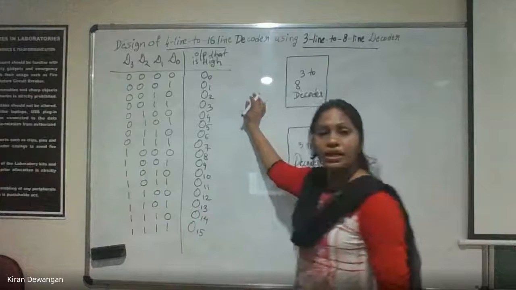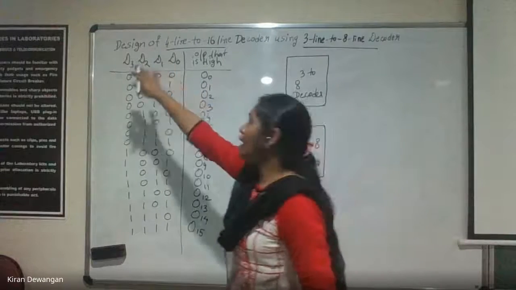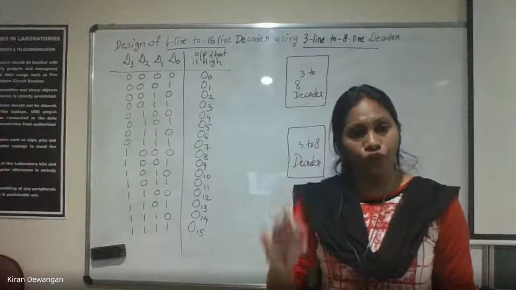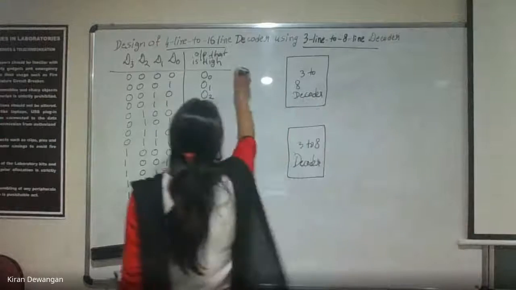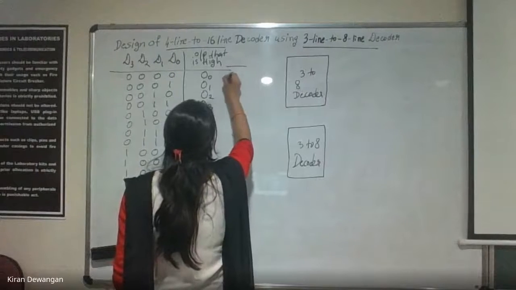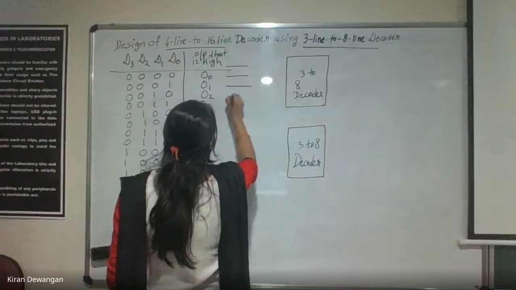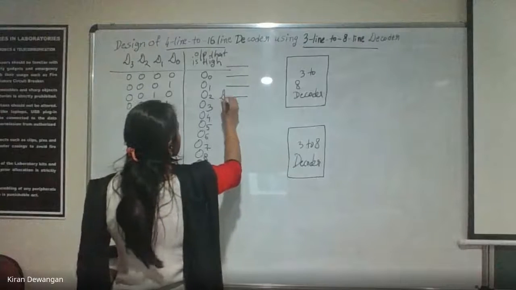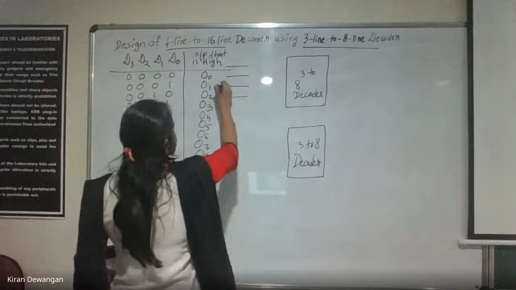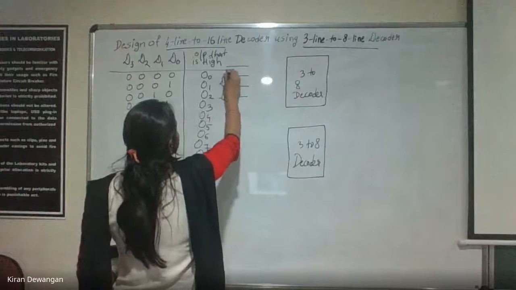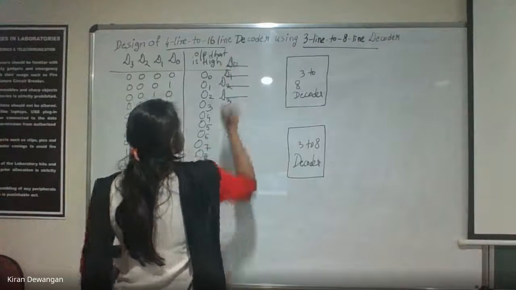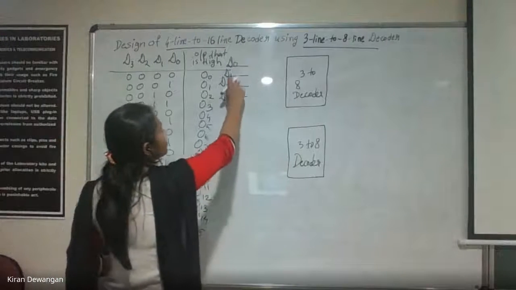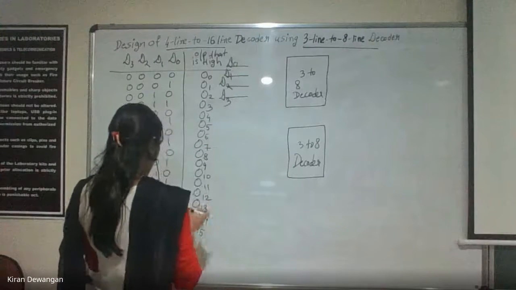Now, how many inputs do I have? I have 4 inputs here, because I need to design a 4 to 16. So I'll be having 1, 2, 3 and 4. Let us take this as D3, this is D2, this is D1, and this is D0.